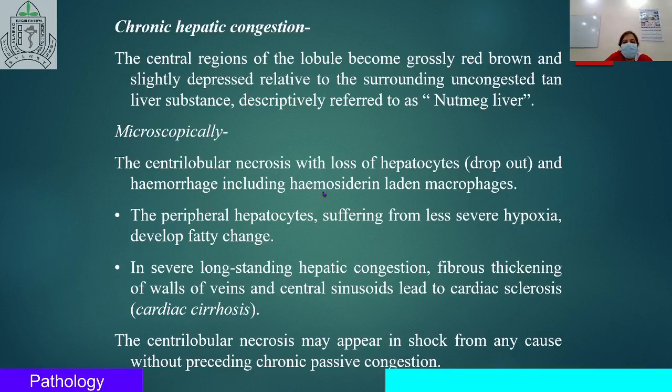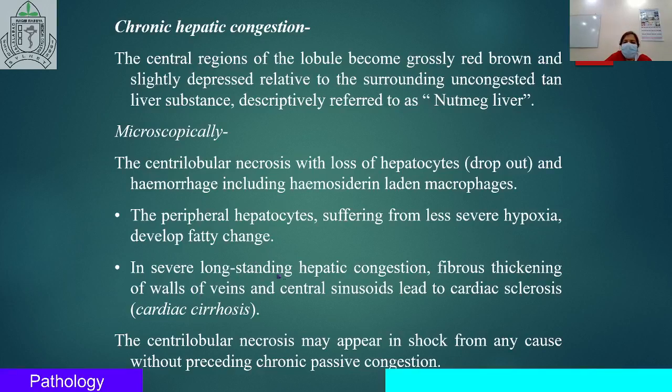Ultimately, there are hemosiderin-laden macrophages. So, microscopically, there is centrilobular necrosis with loss or dropout of hepatocytes, and hemorrhage including hemosiderin-laden macrophages. Clear? And peripheral hepatocytes undergo less hypoxia as they are supplied by the portal triad. So there is only fatty change, or reversible cell injury.